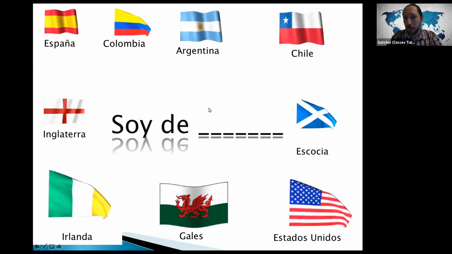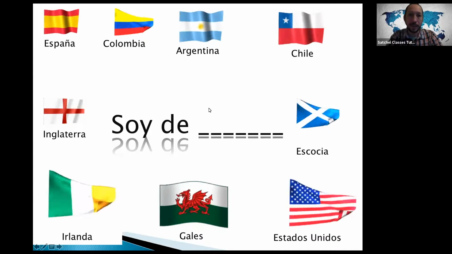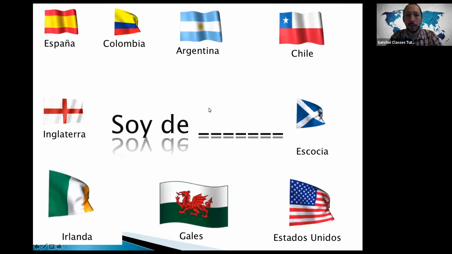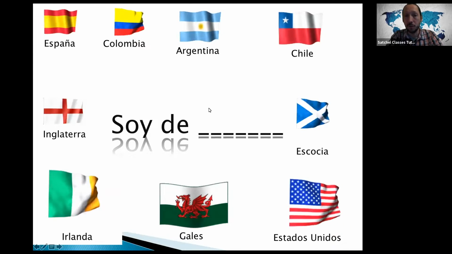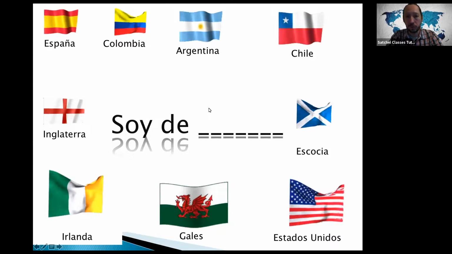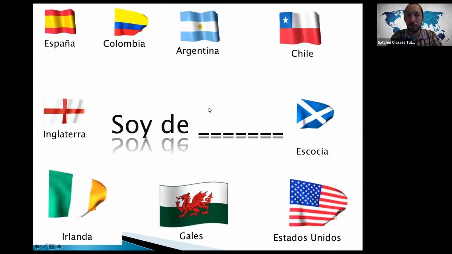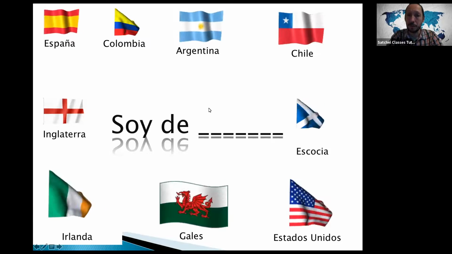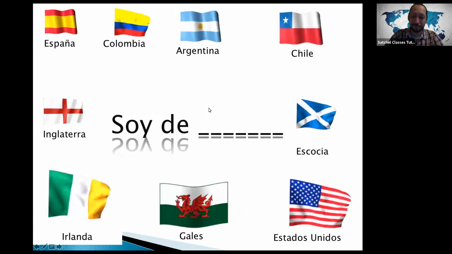And remember that these long words like Inglaterra or Escocia or even more, Estados Unidos, all of these words actually are good for your pronunciation. And the more you practice, the better it is for you.